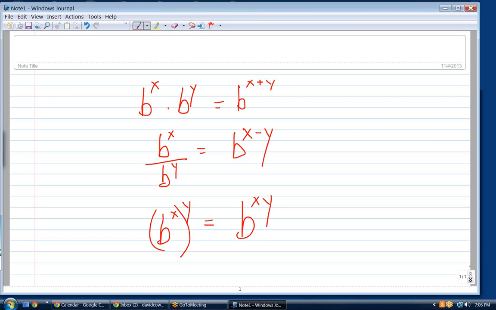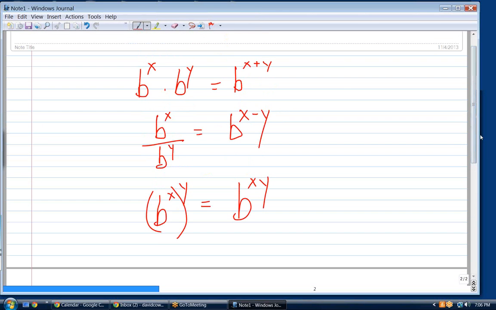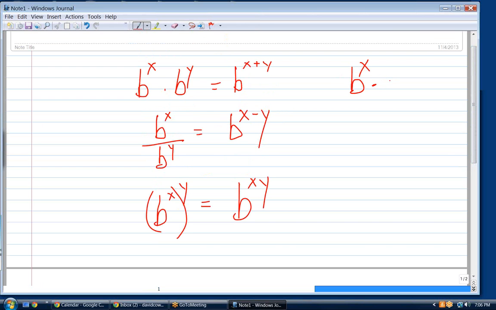There's also a couple more that you want to be aware of that apply when you have different bases. For instance, if I have b to the x times c to the x, different bases, same exponent, then that's the same as bc to the x.